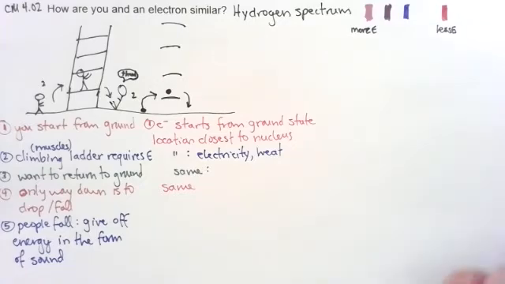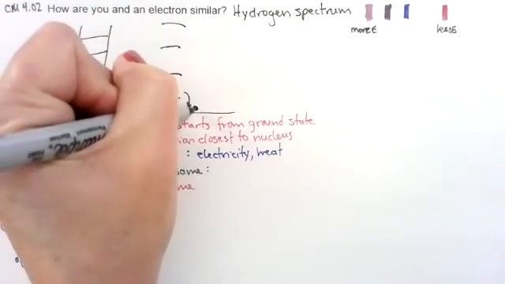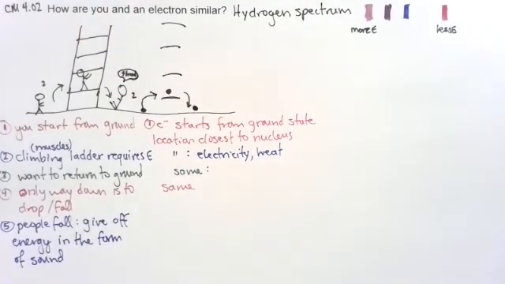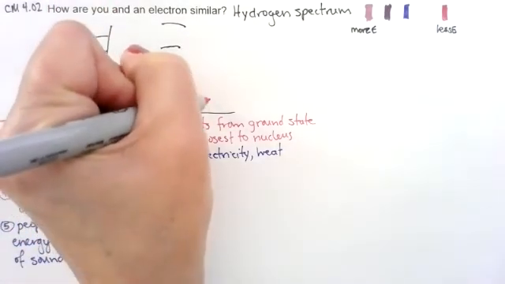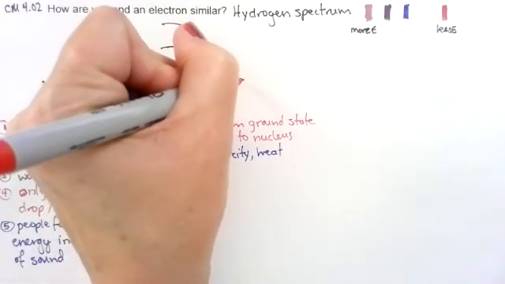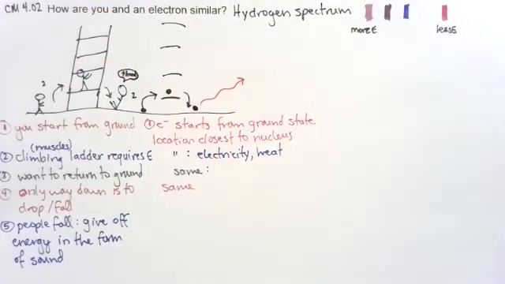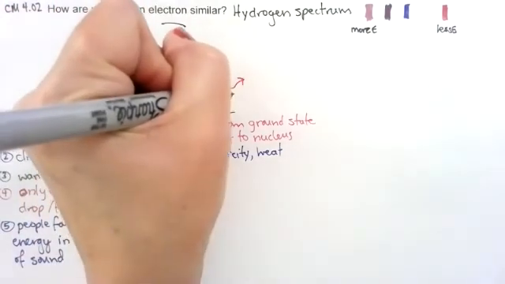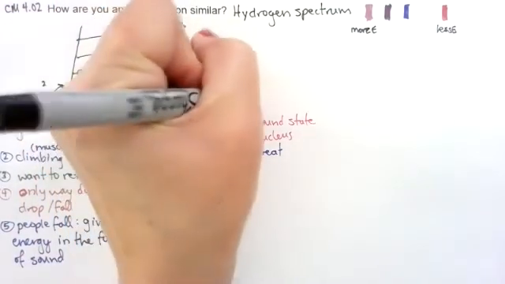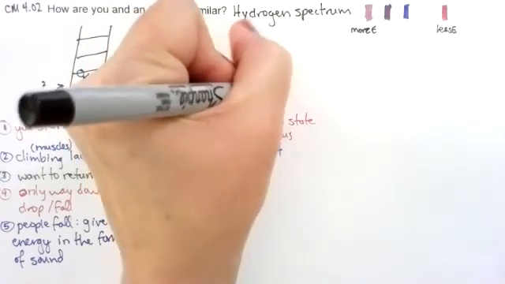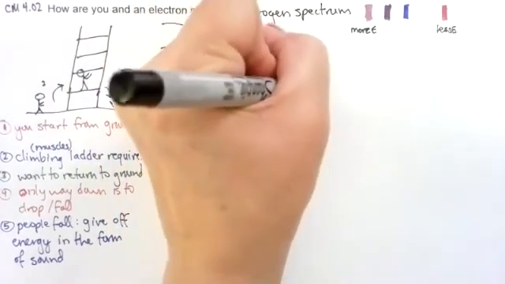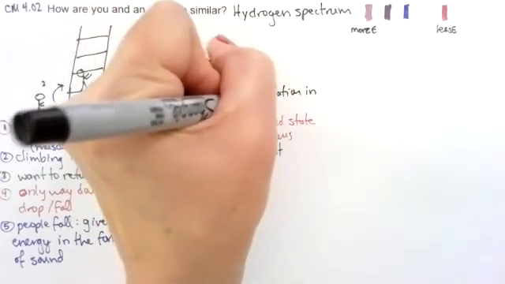Electrons don't have a voice box. So what are electrons going to do? So this guy falls, and we get, what does that represent? It represents electromagnetic radiation in the visible light spectrum.